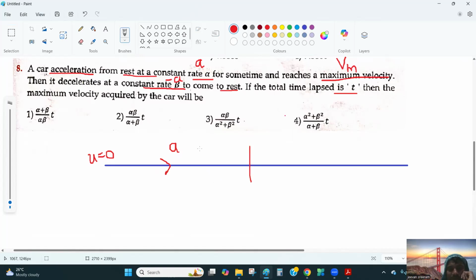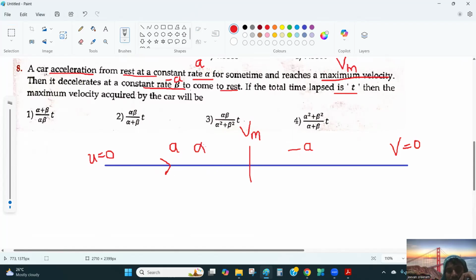At some point it has started retarding, and that's the point where you get maximum velocity Vm. It goes on increasing, that's why we say it's accelerating. At the point it started decelerating, that's the point it has the maximum velocity. From here onwards it's retarding, and after traveling it has come to rest, so the final velocity is 0.